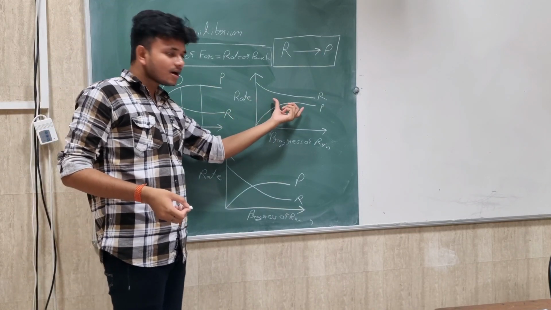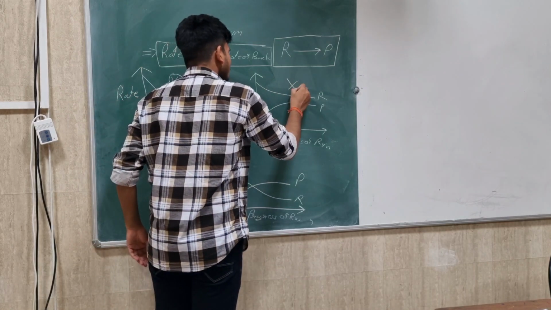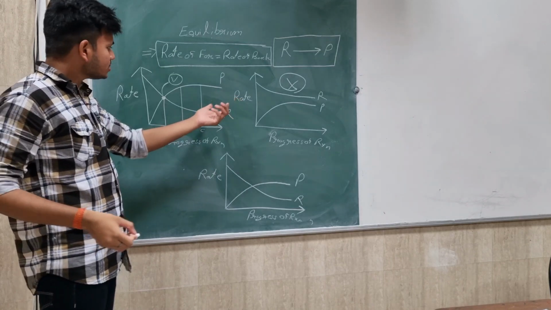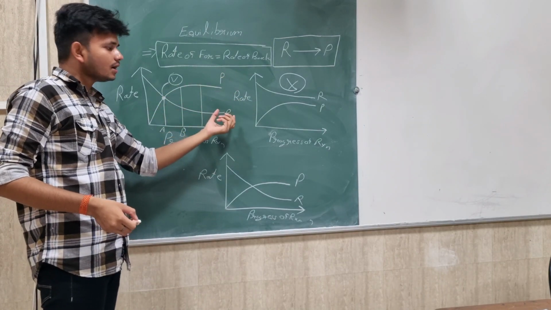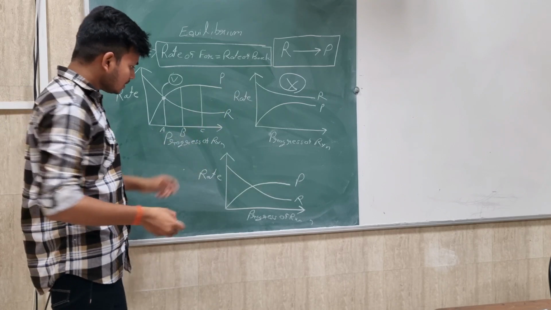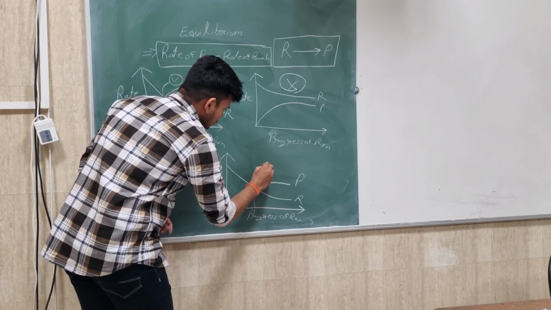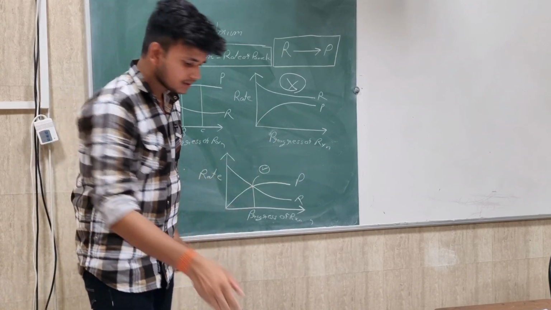But in the case of there is a no. Here we cannot achieve any equilibrium point because rate of product is equal to rate of reactant is equal to rate of not product. Here we can achieve at this point, at the equilibrium point. That's it. We can see the equilibrium.